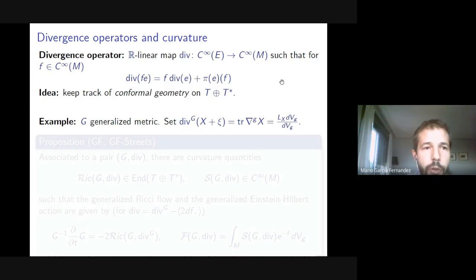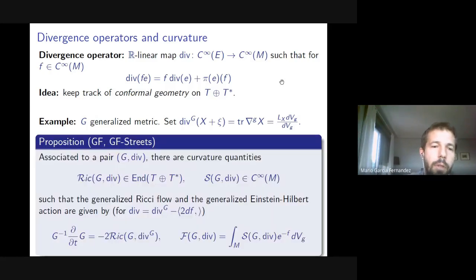Now, how do you prove this theorem about the naturality of all these quantities? The result is that, associated to a pair of a generalized metric and a divergence operator, there are curvature quantities.